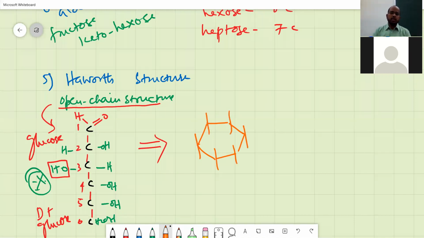Here, this particular part will be removed, because it is not a Haworth structure, which is for the non-open chain, that is, the cyclic structure.